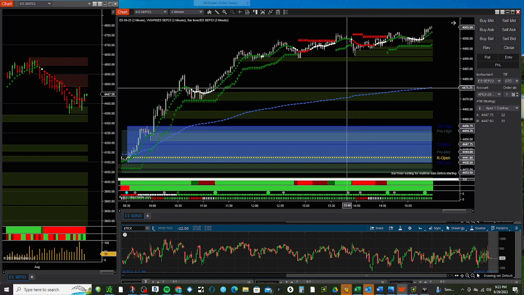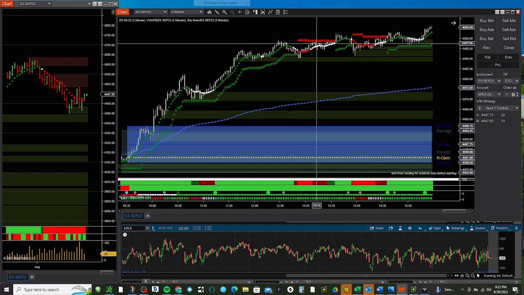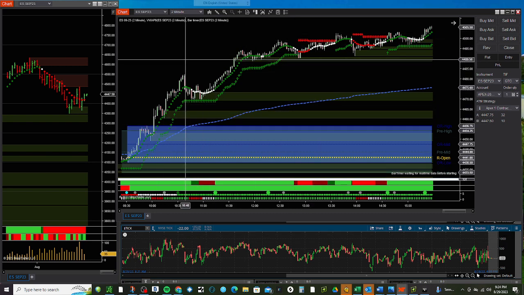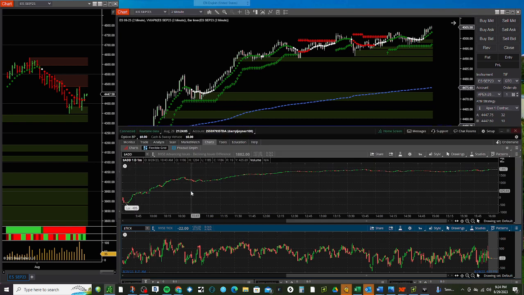If the advanced decline line is pointing up, the probability of the market going down is very low. Again, never guaranteed, but the probability is in our favor if we are at the very least staying neutral and expecting sideways activity, but ideally looking for upward activity that's consistent with the advanced decline line.